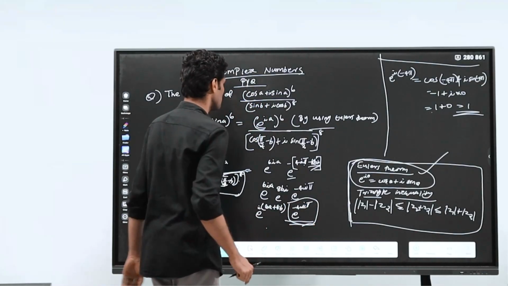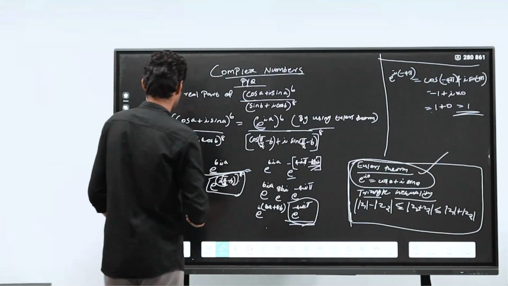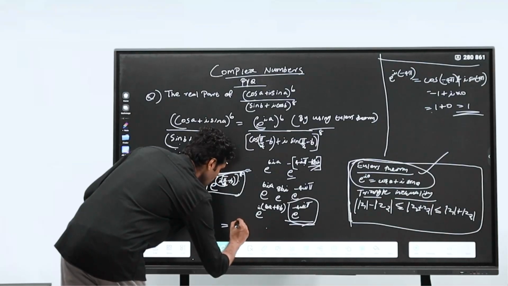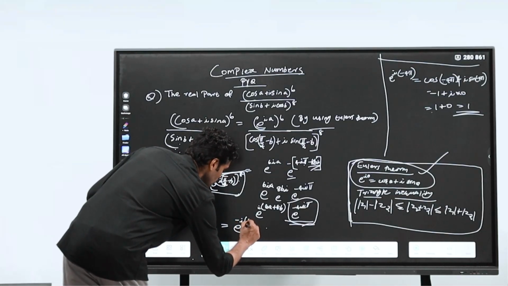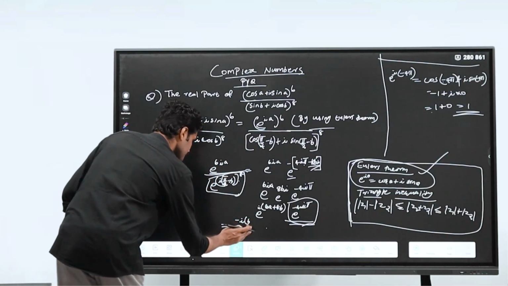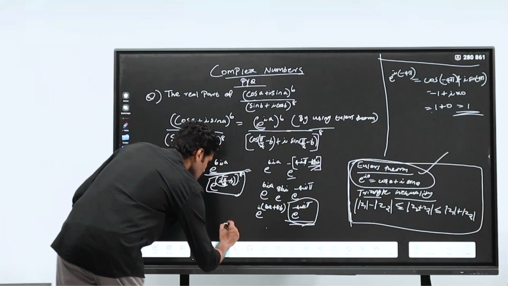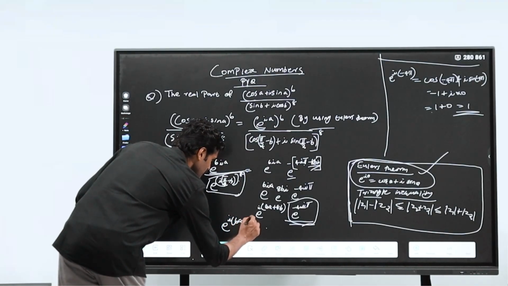So we can substitute this value. So the final answer will be e raised to i into 6a plus 8b.